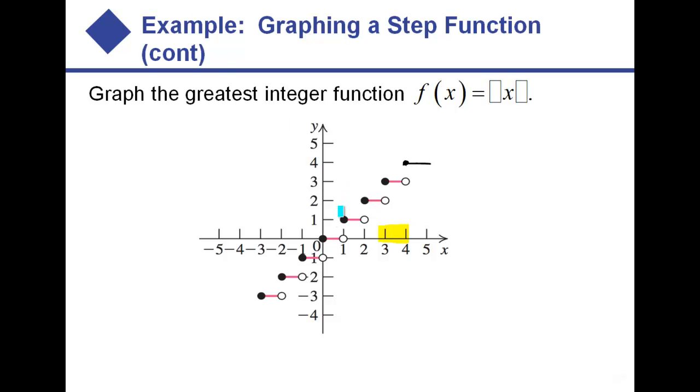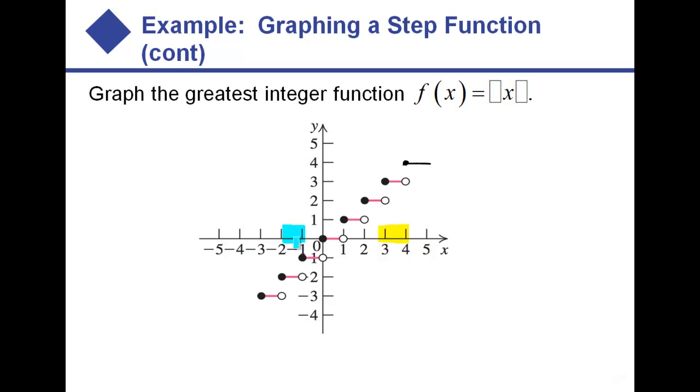So look at another one. Look at this interval over here. At -1, right, we're at a height of -1. But as we get a little bit smaller, all of a sudden it jumps down here.